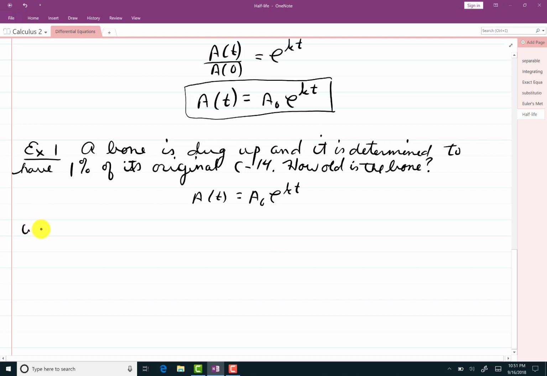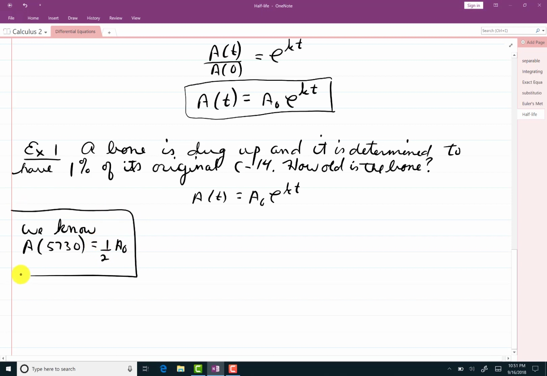So we know that A of 5,730 equals 1/2 of the initial amount. So let me plug that in. A of 5,730 equals A naught e to the k times 5,730. And like I said, I know this side to be equal to 1/2 A sub 0.